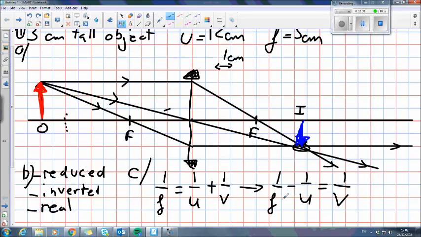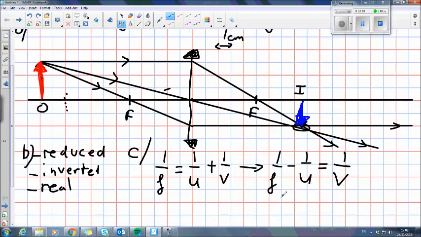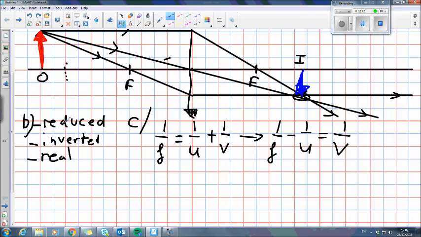So f is 5 centimeters. So in this case, 1 over 5 centimeters minus 1 over the object distance, which was 12 centimeters.